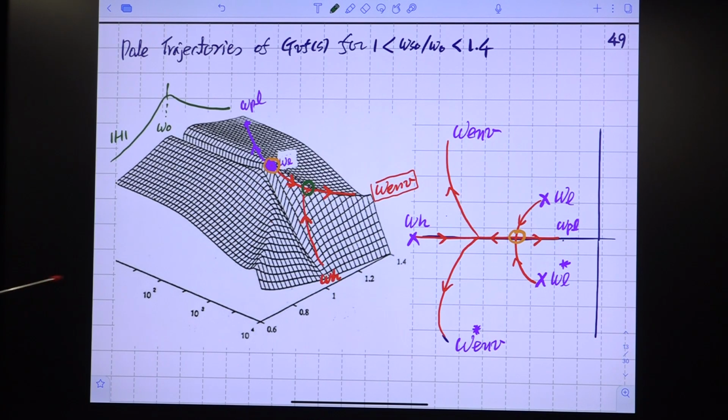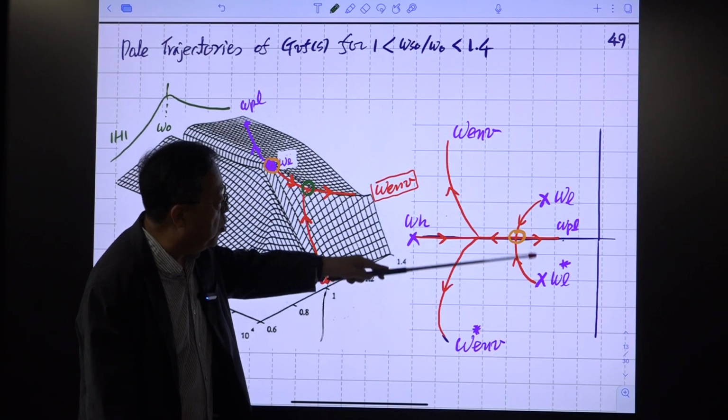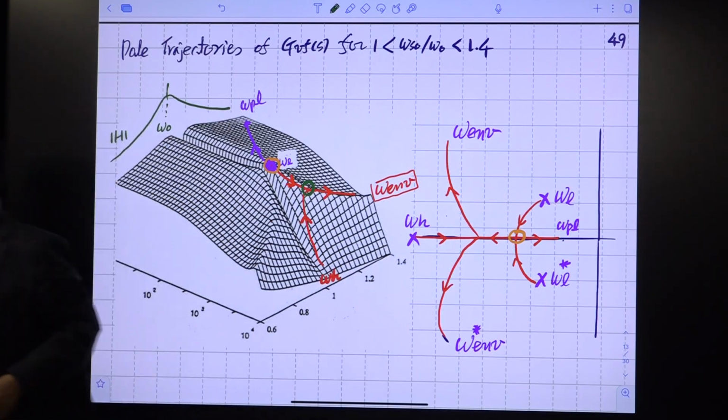So you have 3 poles, one, another one, but they are double poles. Then they arrive at this square point. There are 2 poles, but it's just one double pole, and one came in here.